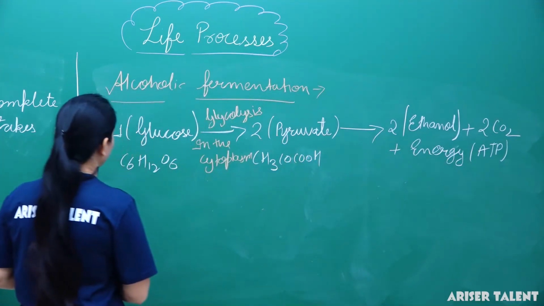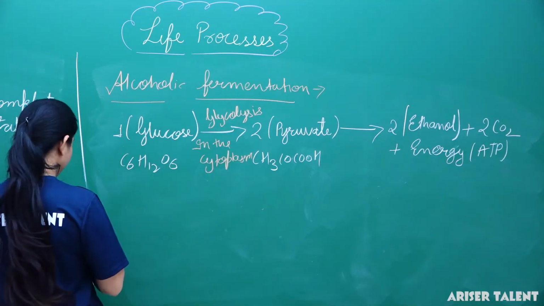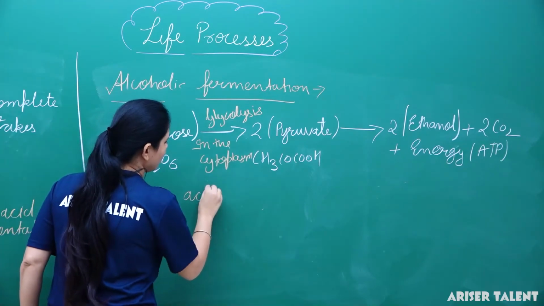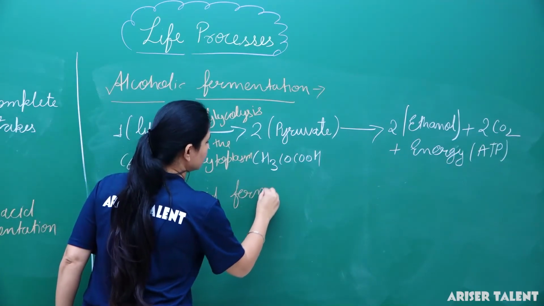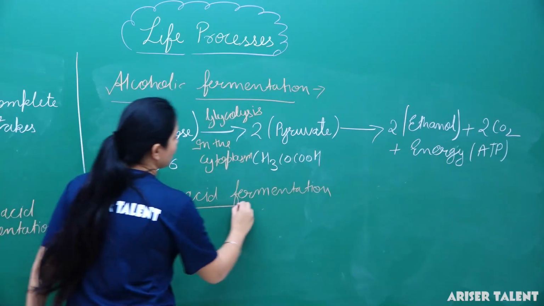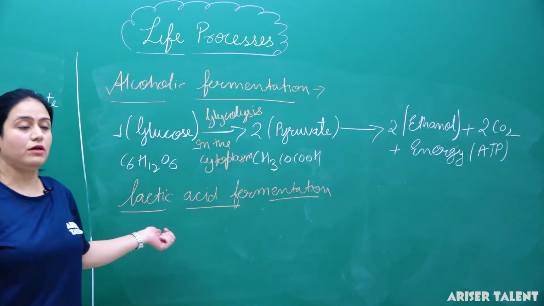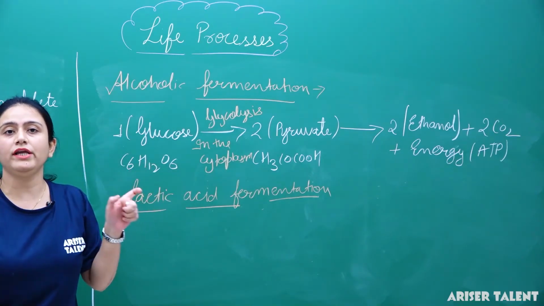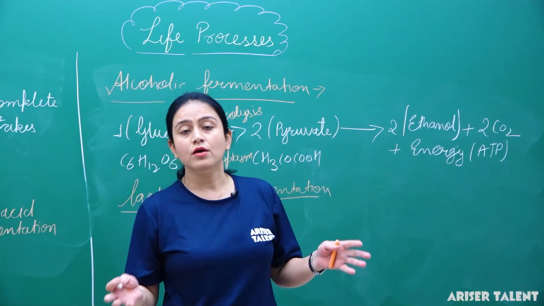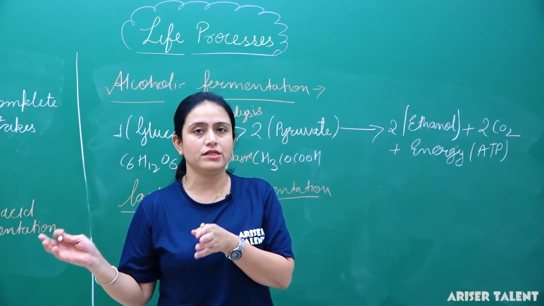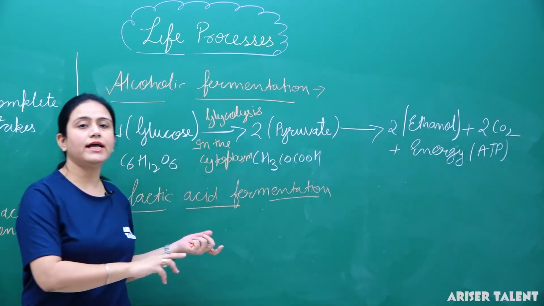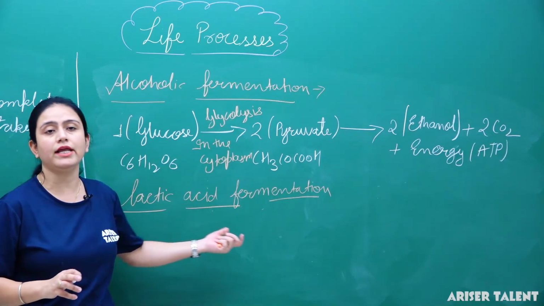Now next we will talk about lactic acid fermentation. Lactic acid fermentation takes place only in the muscles. During vigorous exercise, when there is a deficiency of oxygen, the muscles form lactic acid.